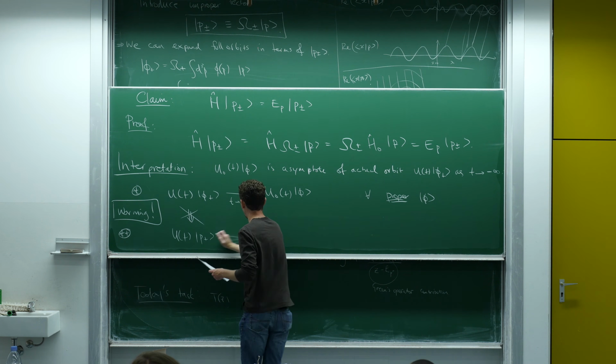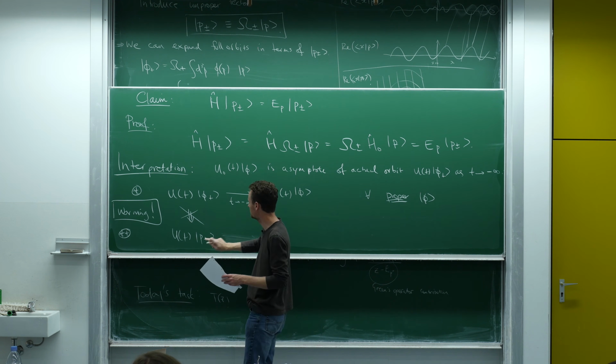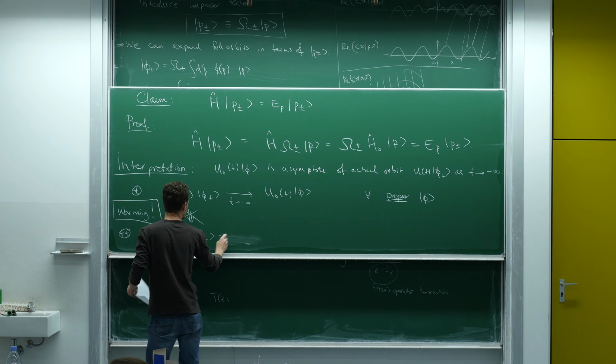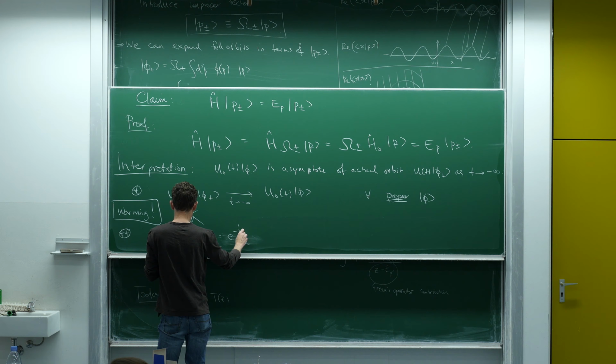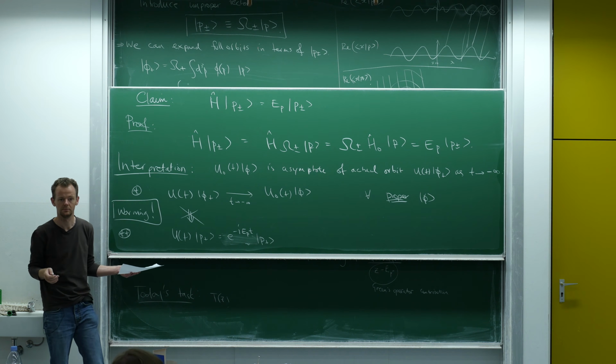Well, actually, before we even do that, we know something really cool, right? We know that that's an eigenstate of the full Hamiltonian. So we actually know what this number is, e to the minus i E_p t, p plus, right? We proved that.